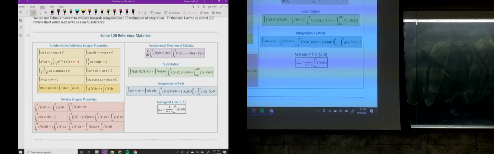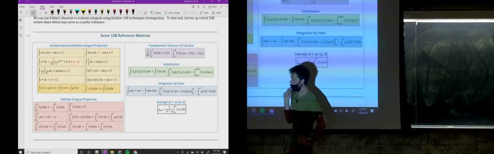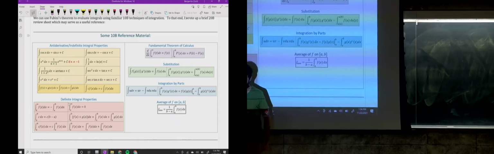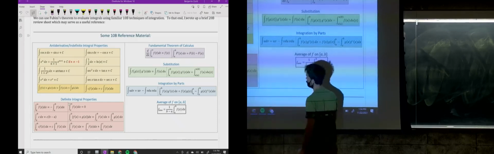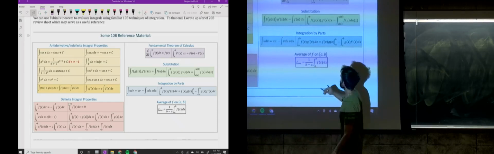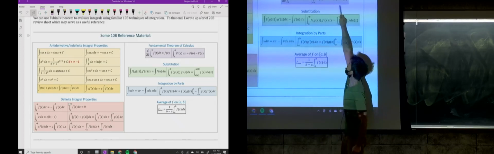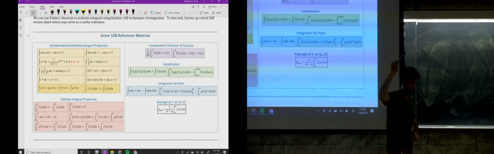Of course, you should also know what the antiderivative of cosine is and sine. And these linearity properties are important as well. You use them a lot. And once you know antiderivatives, you can evaluate definite integrals by way of the fundamental theorem of calculus, which says that if you know what the indefinite integral is, then you can compute the definite integral by just evaluating the function at the two endpoints and subtracting the value at the lower endpoint from the value at the upper endpoint.